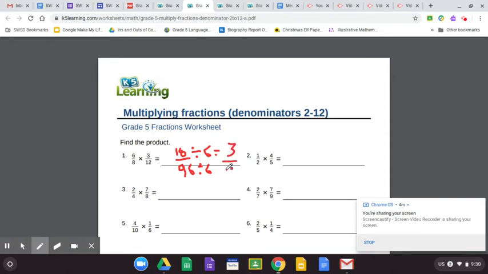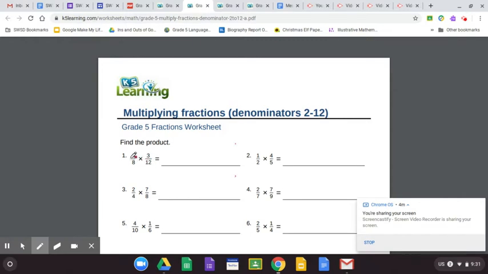So that's one way I showed you. I did show you guys a different way to actually cross cancel, so you don't have to do as much of the simplifying at the end. So that's one way. The other way I showed you guys, and some of you guys didn't understand this way, and that's okay. You could just multiply across and then simplify. So you could look at the 6 and the 12, and the 6 goes into 12 2 times.